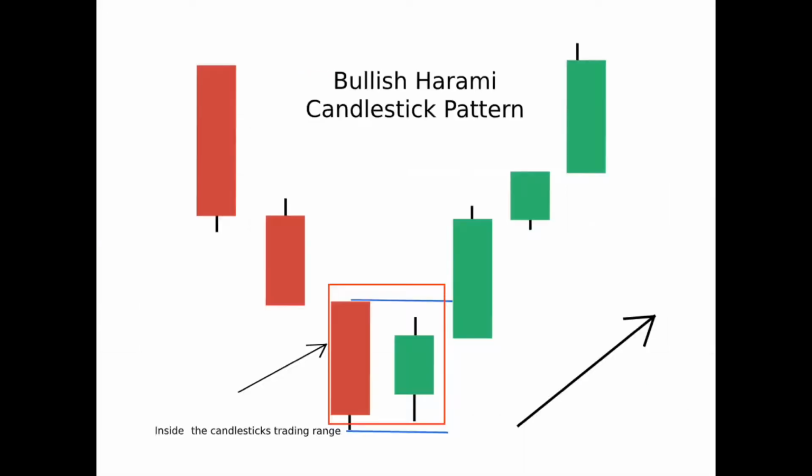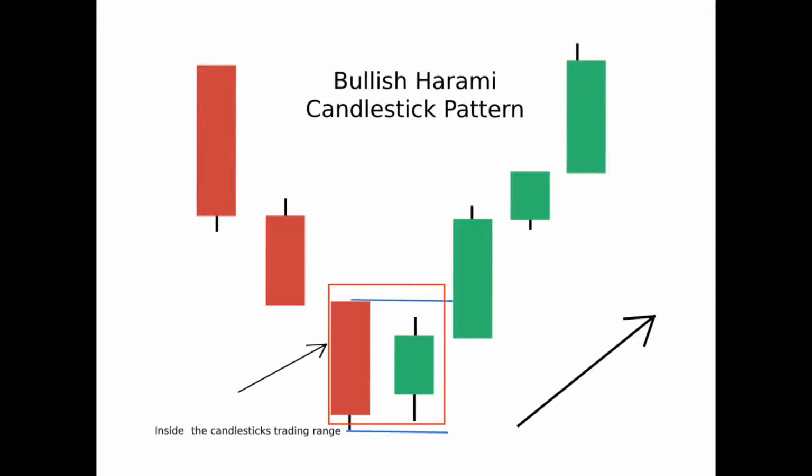The next candlestick pattern formation is the harami candlestick pattern, and here the bullish harami candlestick pattern. In Japanese, harami means a pregnant woman or conception, and hence the name given to this candlestick pattern formation.